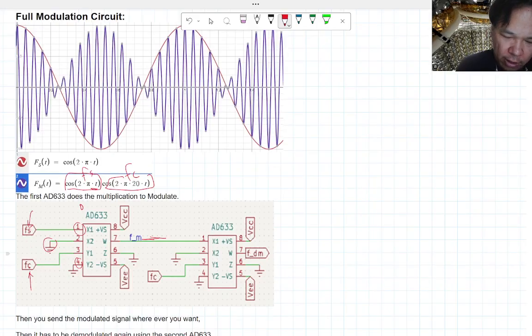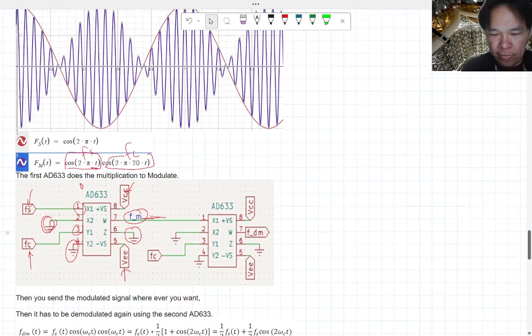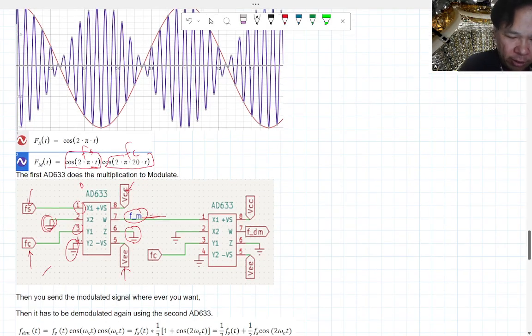Since we're using single-ended input, you just tie the negative input to the ground. And also, since you don't actually need an offset, you tie that to ground. Make sure you power it up with plus minus 15 volts. And then the modulated signal will come out of pin 7 on your chip. So this side does the modulation.